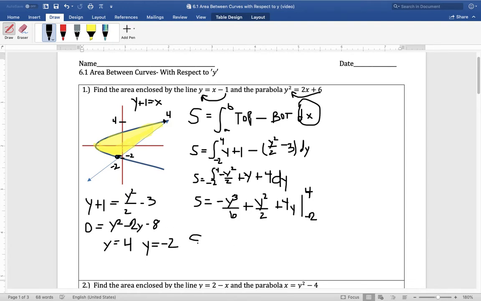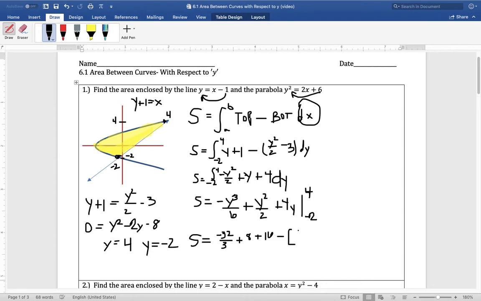But let's see if I can do some quick math work in my head here. So 4 cubed is 64, so -64/6, which is the same thing as -32/3. Plus 8, plus 16, minus, and if we put -2 in, we get -8 negated, right?